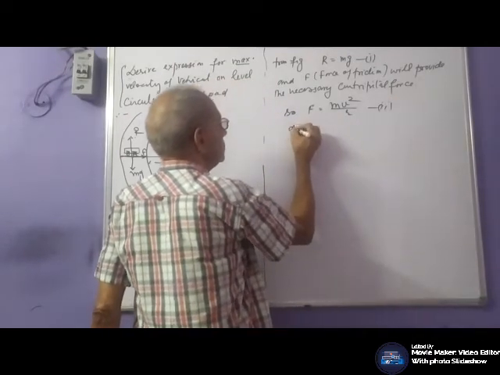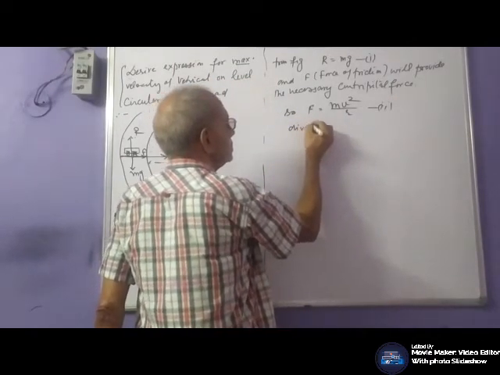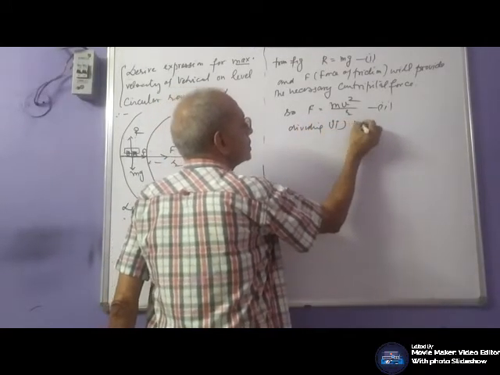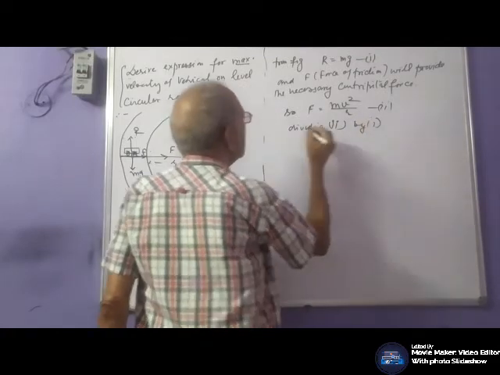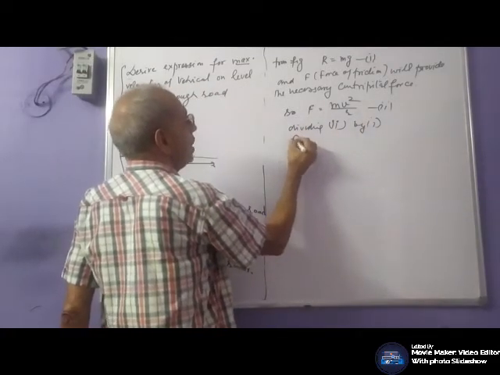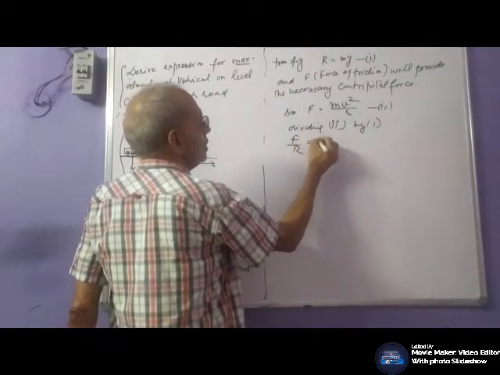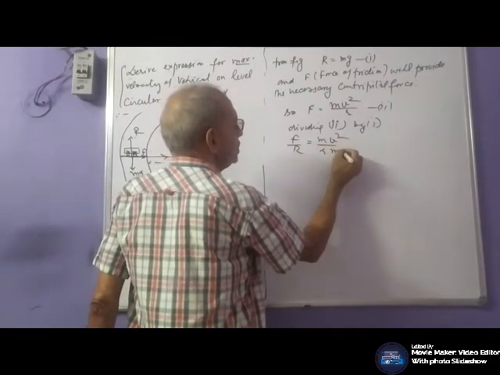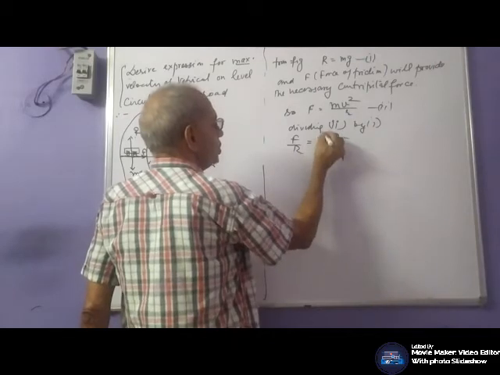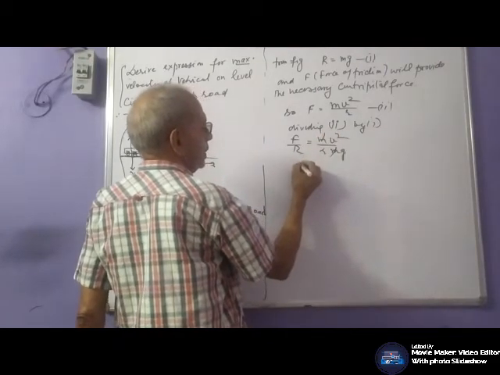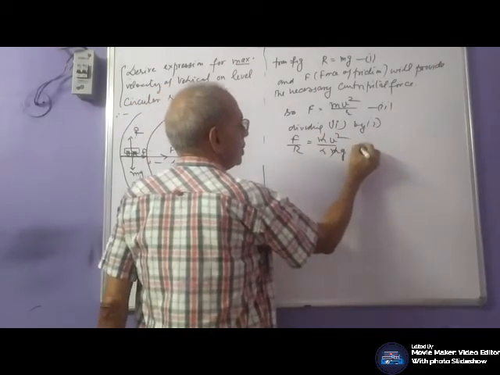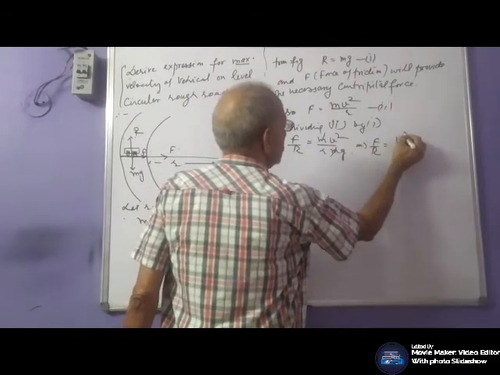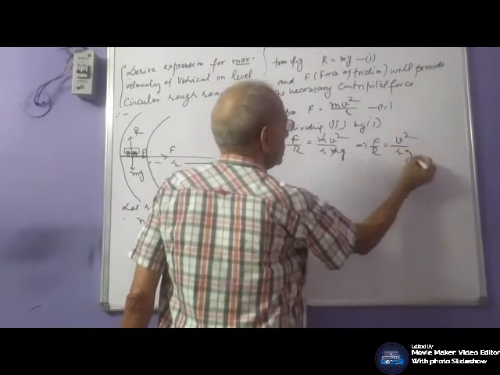Dividing second by first, F by R is mv square by r by mg. M goes with this m. F by R is v square by rg.